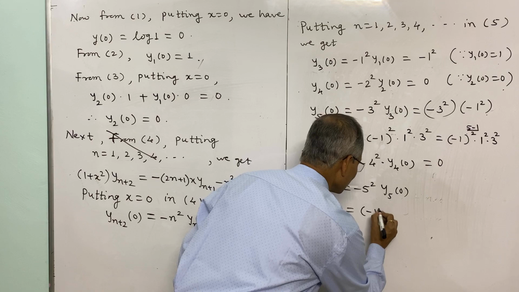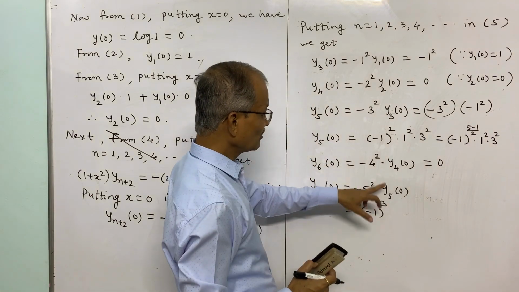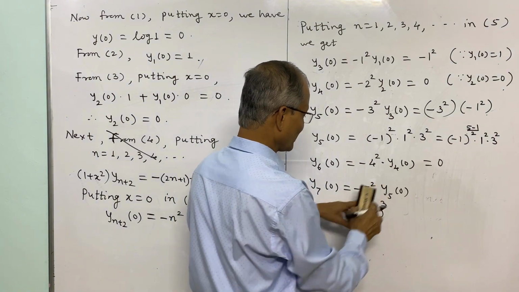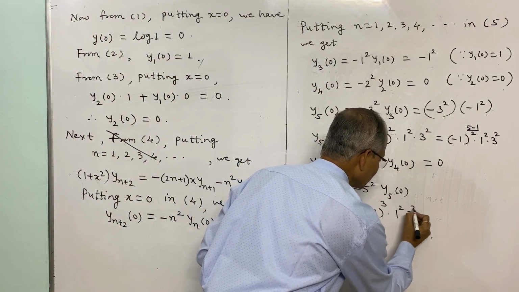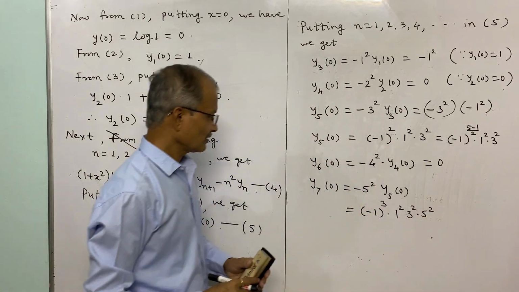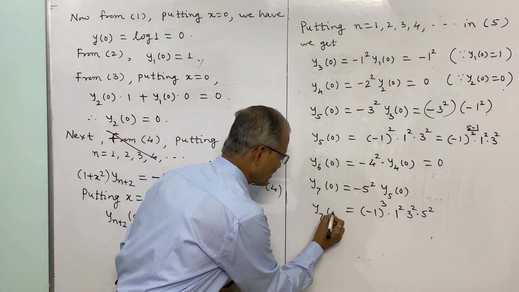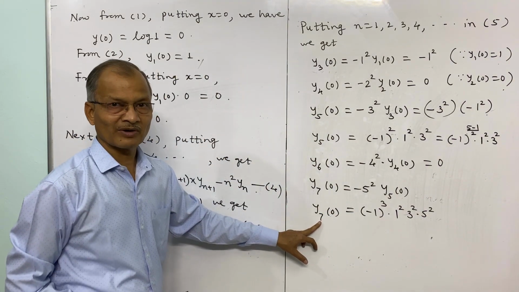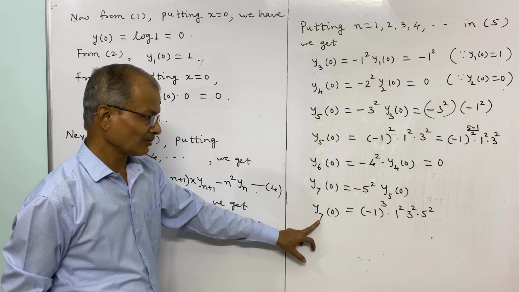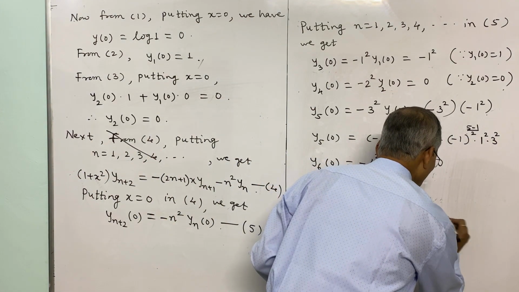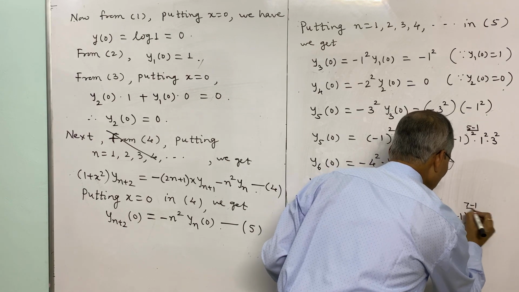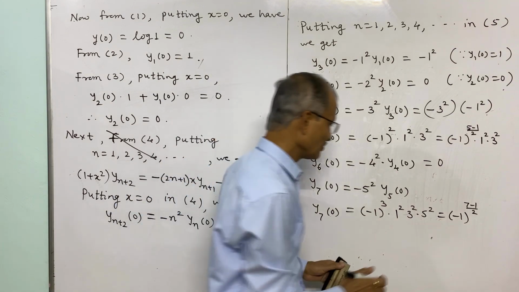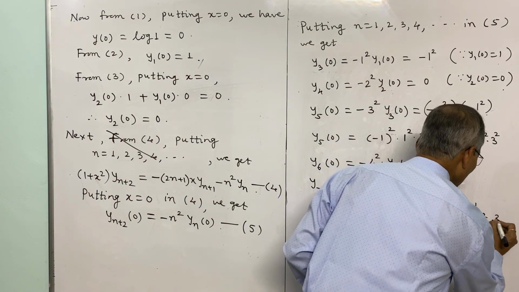And that is minus 1 cube into now 5 square, 1 square, 3 square, 5 square. But this is the seventh derivative. This 3 we want to write in terms of this 7, minus 1, 7 minus 1 divided by 2. That is 6 by 2, which is 3, into 1 square, 3 square, 5 square.